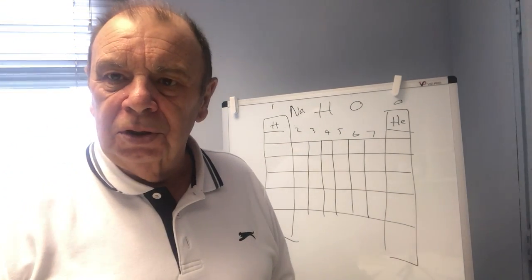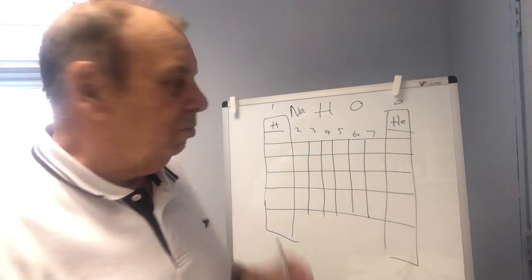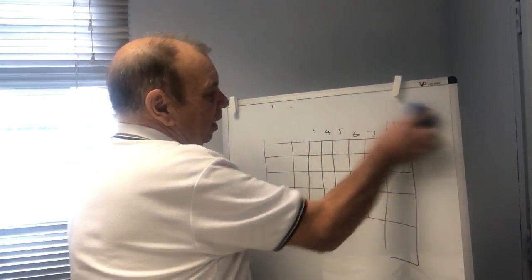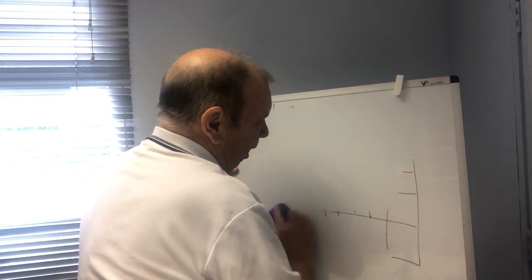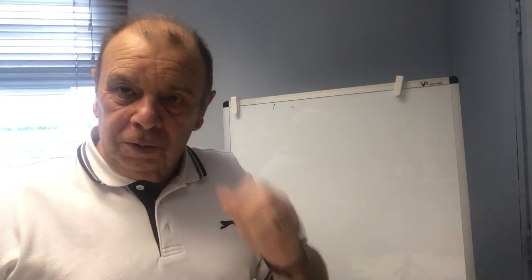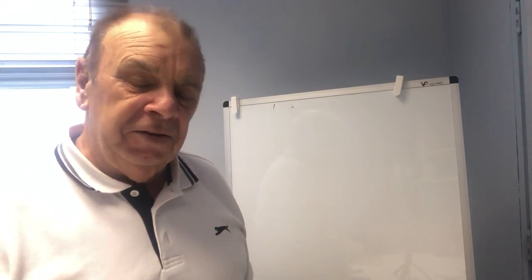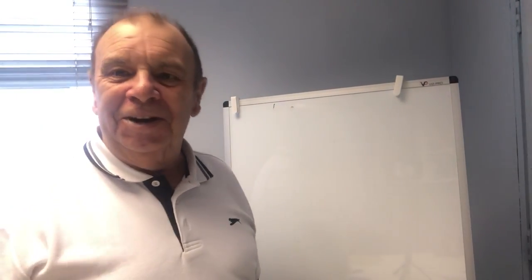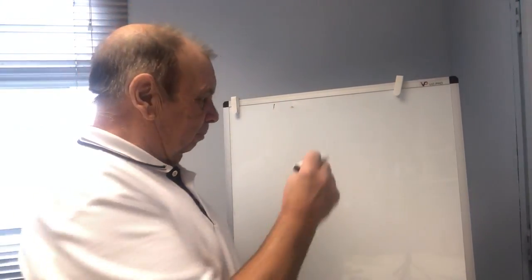What happens when these atoms combine? Well, when you get different types of atoms, they form compounds. So let's look at a very simple compound.